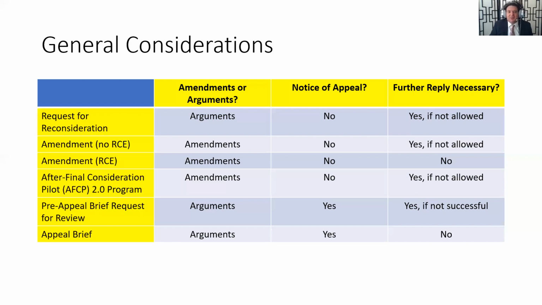Along the top, we've got whether that type of response is focused on amendments or arguments, and whether a notice of appeal is necessary. This is important because there's a fee associated with a notice of appeal. The next column is whether a further reply might be necessary. After final practice is very time sensitive.